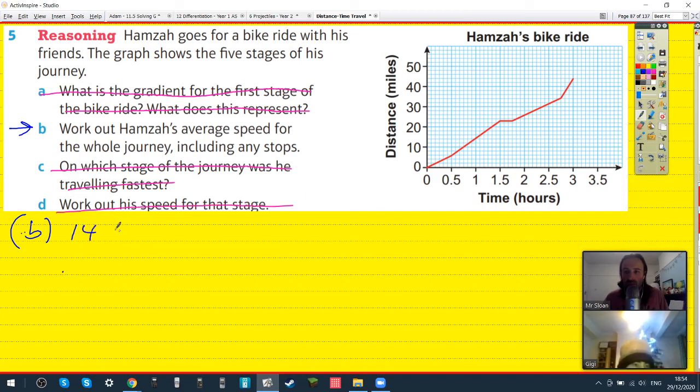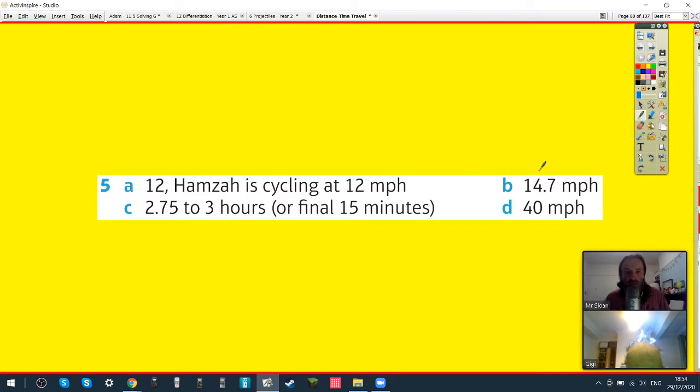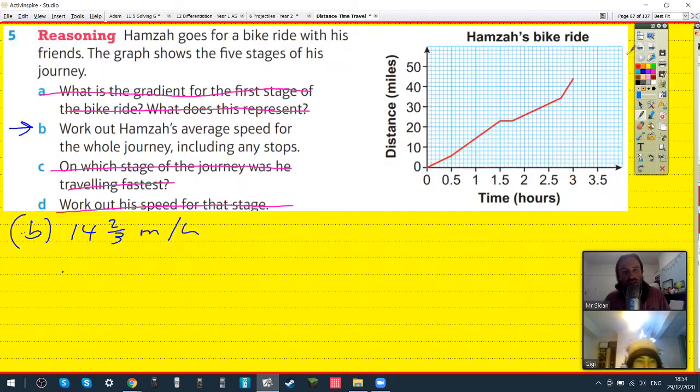So let's say 14 2/3 miles per hour. Okay, they rounded it to 14.7 miles per hour. So you don't always get a nice number.